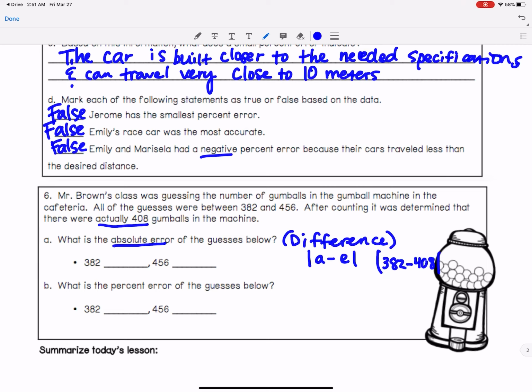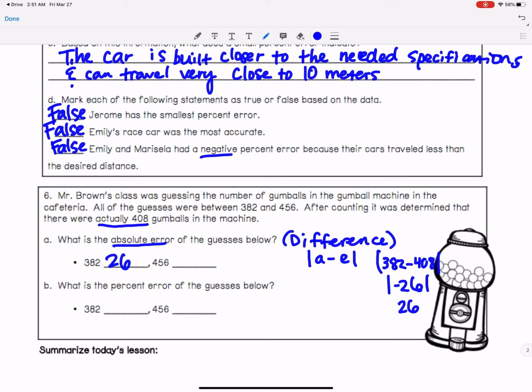And then whatever you get out, it has to be a positive answer. 382 minus 408. I better try that one right now. On my calculator, that gave me negative 26. So the absolute value of negative 26 is actually positive 26.